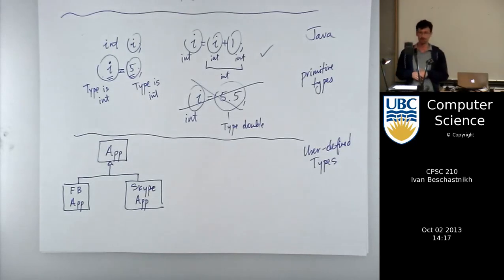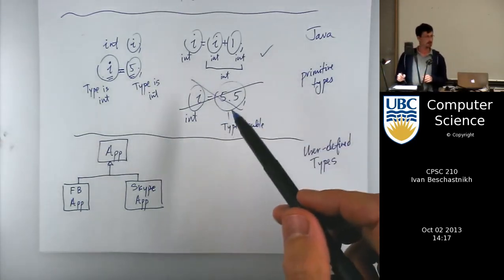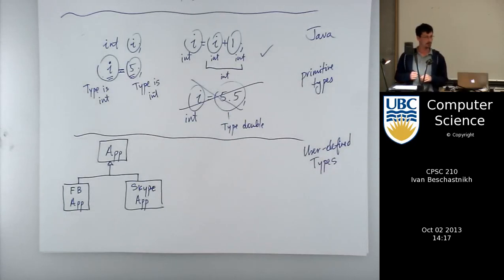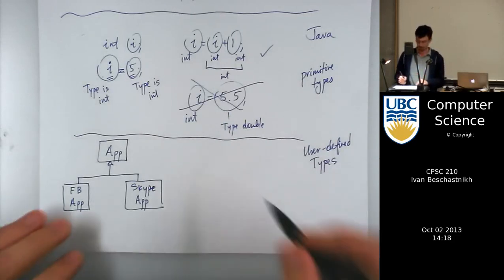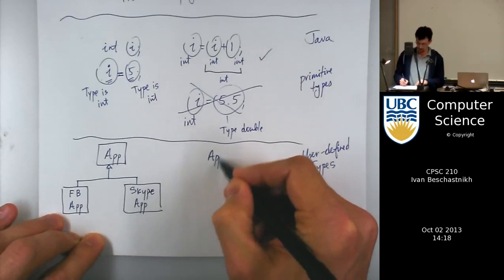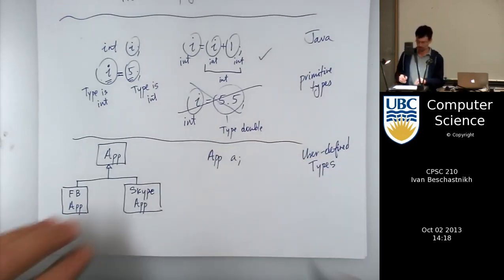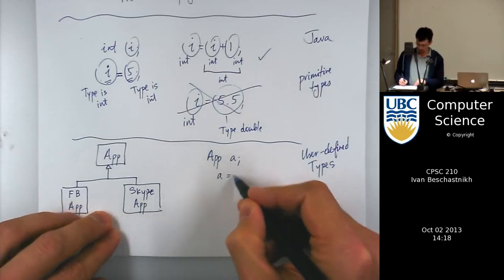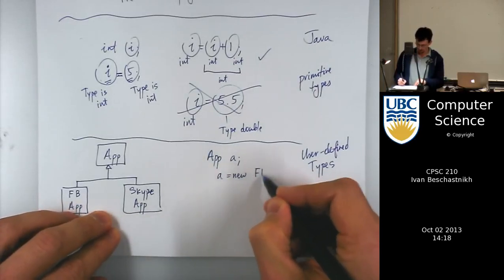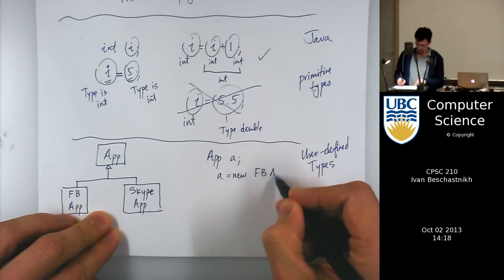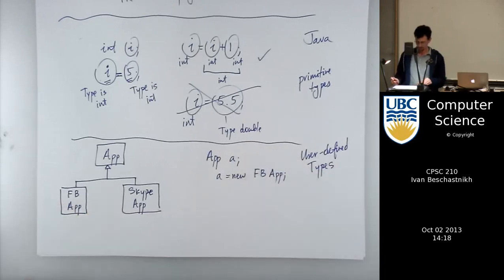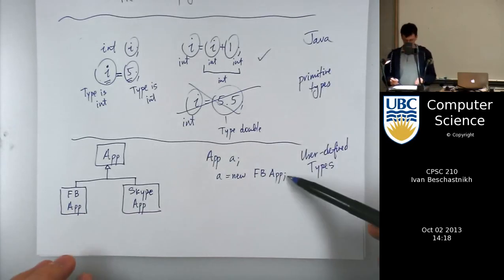We'll have this little type hierarchy, and now I can reason through the same set of things, right? I can reason about compatibility between my types. So I can say something like App a, and I define an app. And then I can do a equals new FBApp. So why is this statement legal?